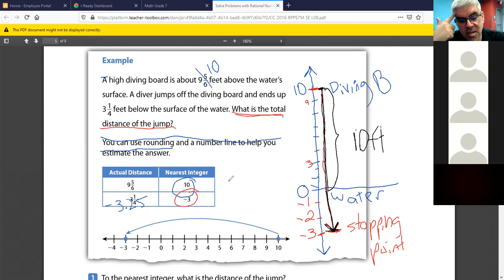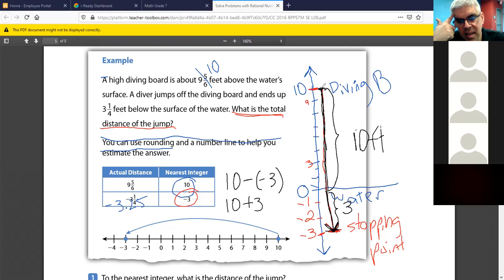So this is what I need you to write. I need you to write 10 minus a -3. That turns into 10 plus 3, because clearly we have 10 feet from top to the beginning of the water, and then he goes underwater another 3 feet. How long is my now black line?